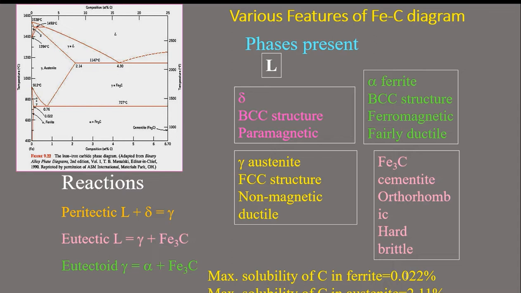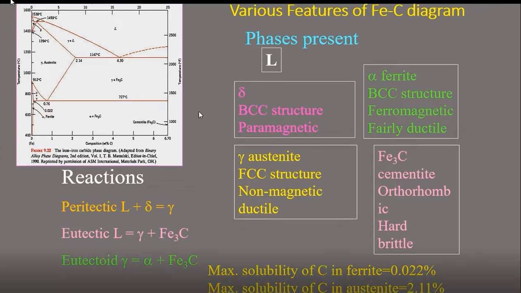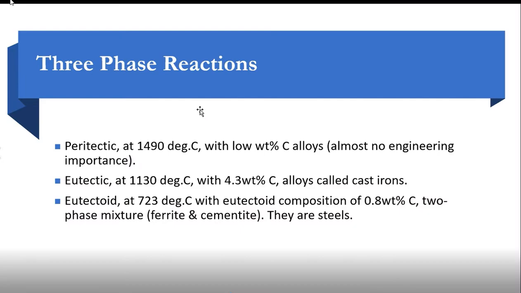So maximum solubility of carbon in ferrite is 0.022, and in austenite 2.11, right? So this is something we need to study when we go through the iron carbon diagram, right? Three-phase reactions.